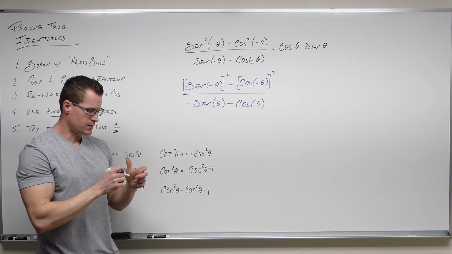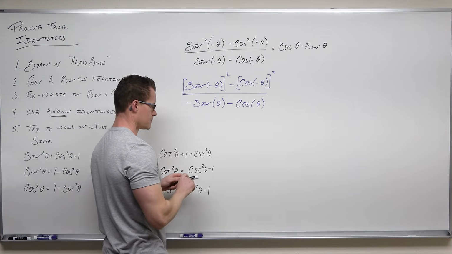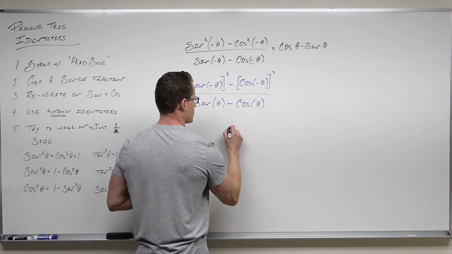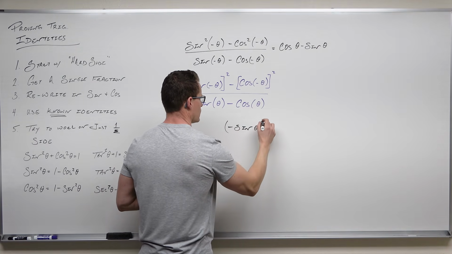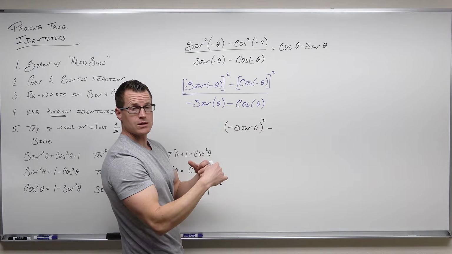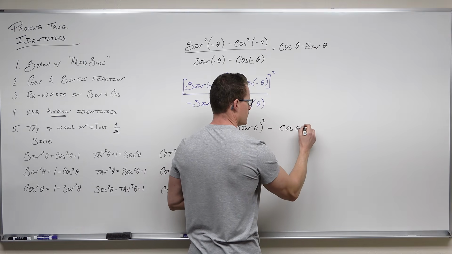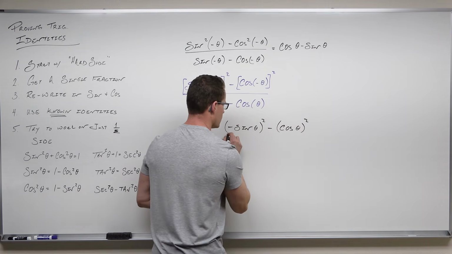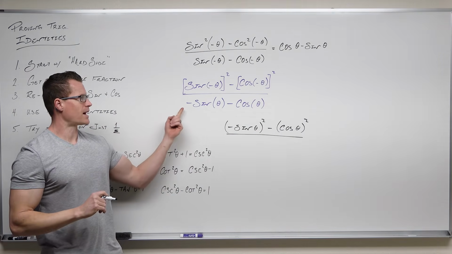So sine of negative theta is equal to negative sine theta. That's an odd function. Cosine of negative theta is equal to cosine positive theta, even function. I also might factor out my negative.